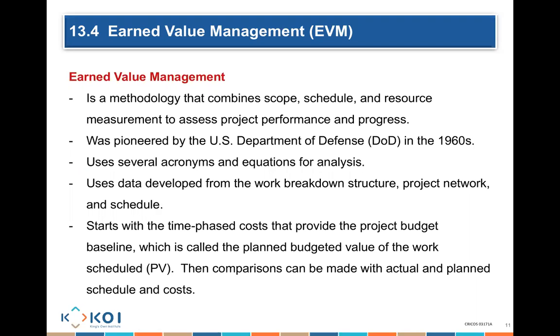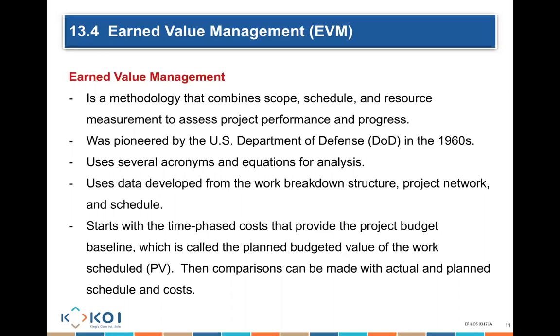So we know the baseline for week 1 is $50. The baseline for 6 weeks is $300. And that's what we call the planned value. So the planned value is how much work I am planned to do or spend at any particular point of time. So if I'm planned to do $50 worth of work, well, if I haven't done $50 worth of work, then I am basically behind schedule.